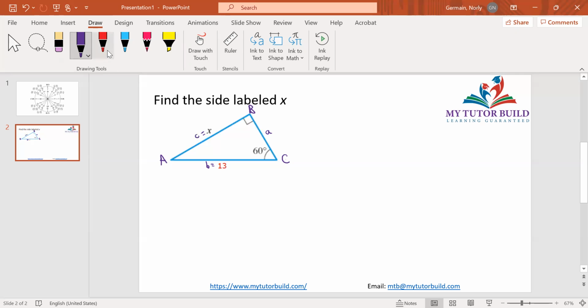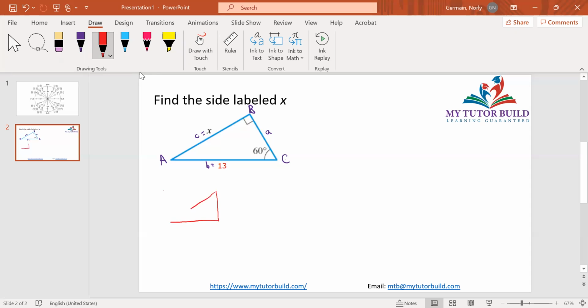Now, you need to remember the trigonometric ratios. In a right triangle with angle theta as one of its acute angles, let me show you first.